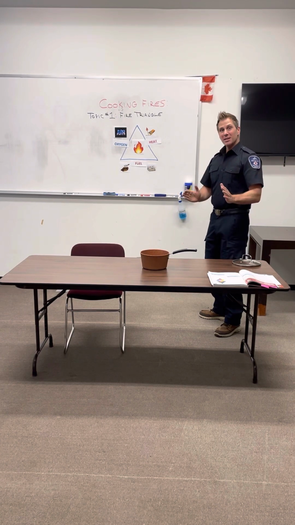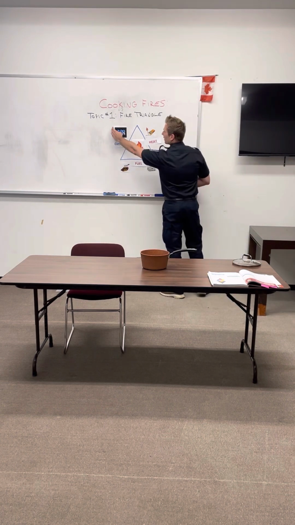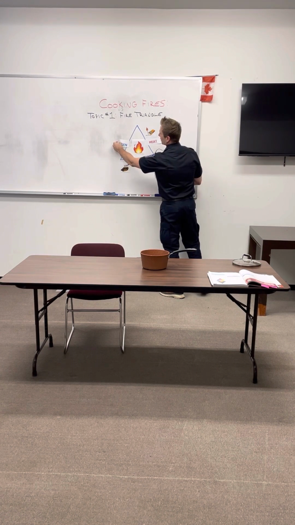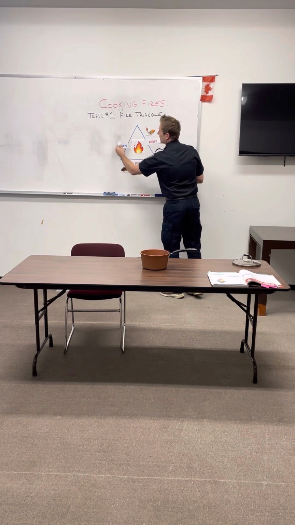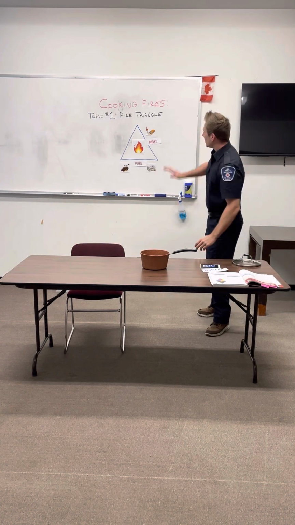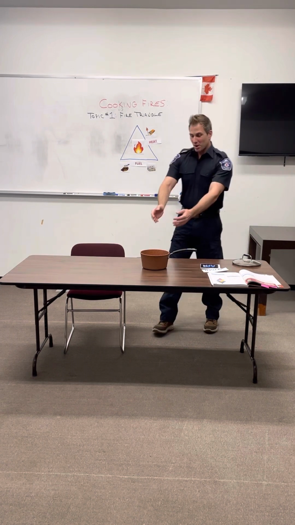All right, so the easiest way that I think I can do that is I'm going to remove the air and the oxygen from that equation. So once I have these 2 removed, that should extinguish the fire. Now, how I'm going to do that? My pot's on fire right now.